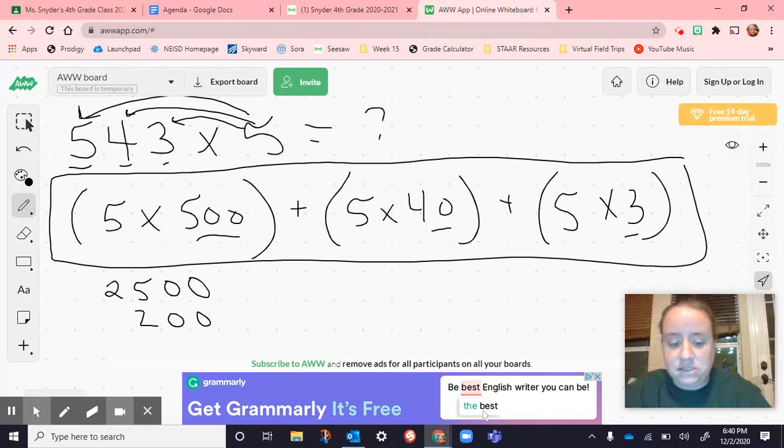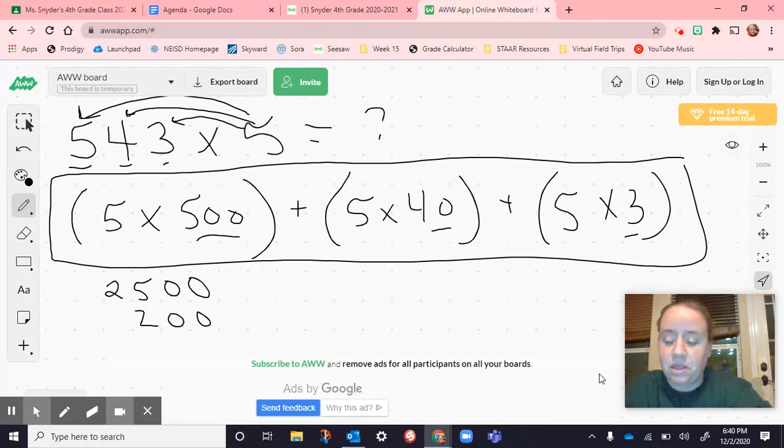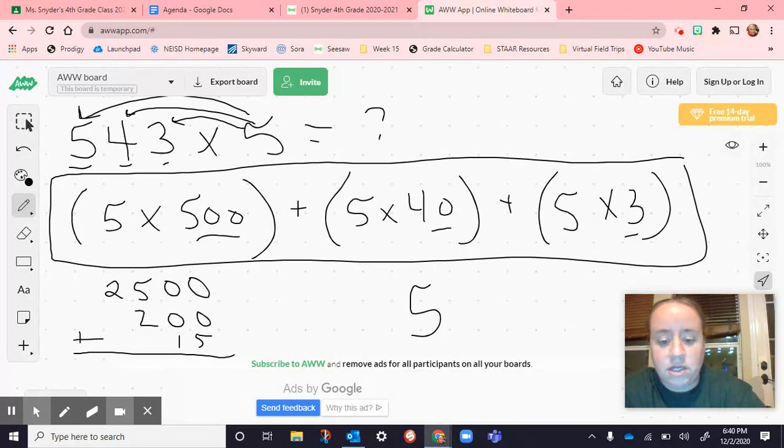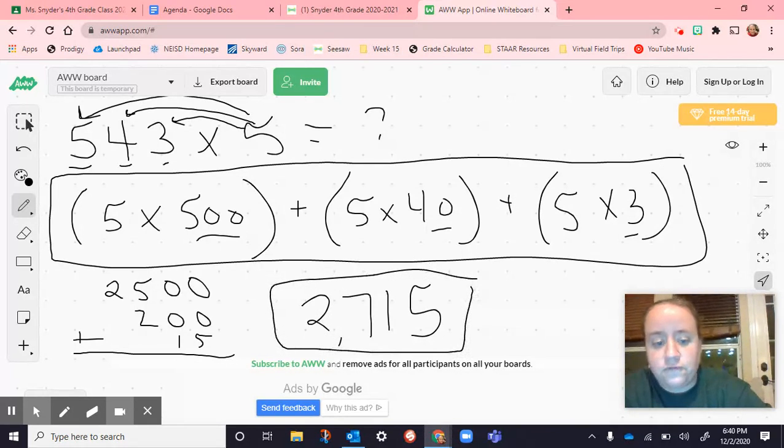I'm lining these up because my next step is going to be to add them. And then 5 times 3, which is 15. And so when I add all that up, 0, 0, and 5, I'm going to put them over here, gives me 5. 0, 0, 1 gives me 1. 5 and 2 is 7. And bring down my 2. So 2,715 is the answer for that.